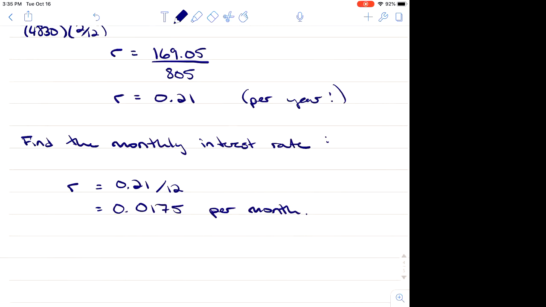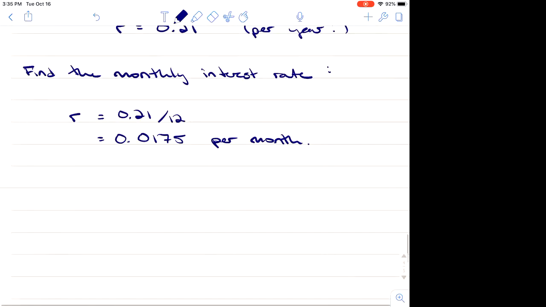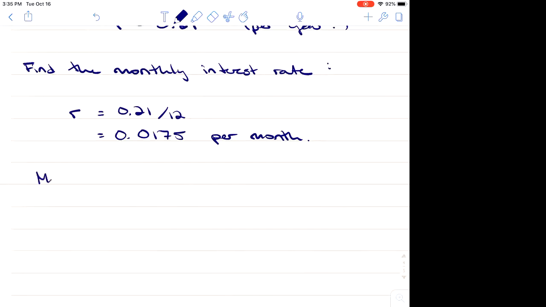So 1.75%. Monthly interest rate is 1.75% per, or I guess I said monthly.